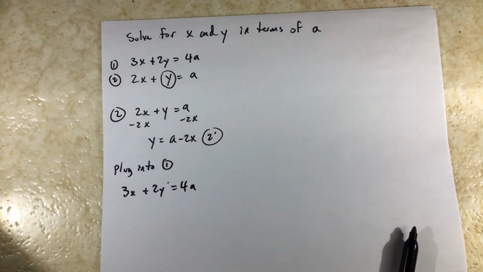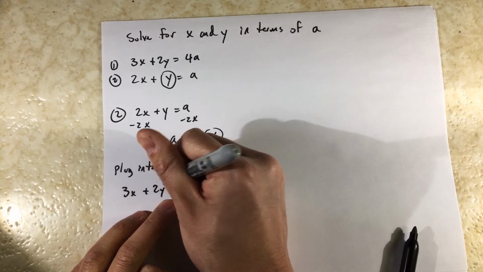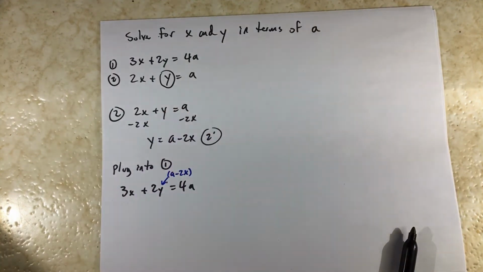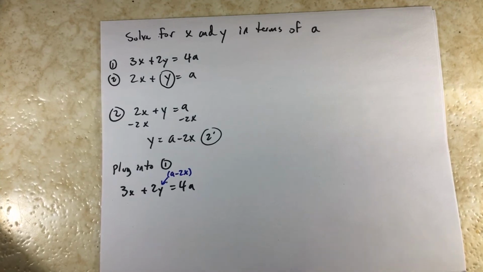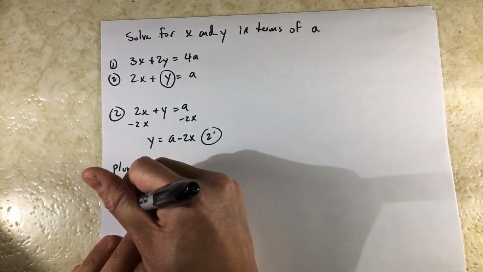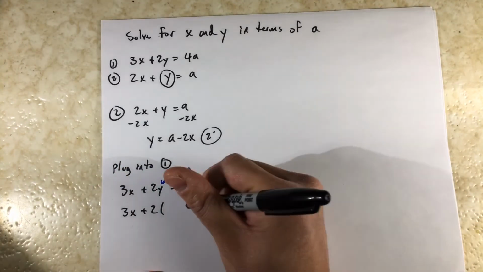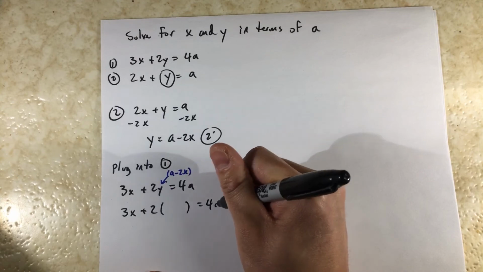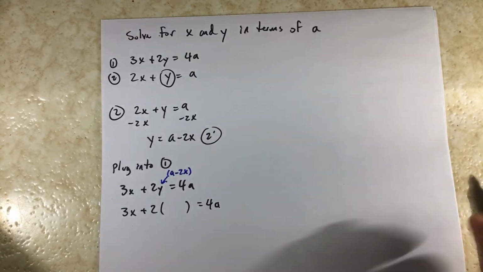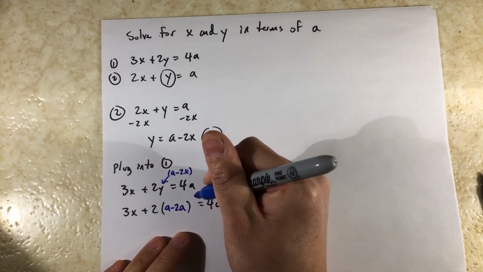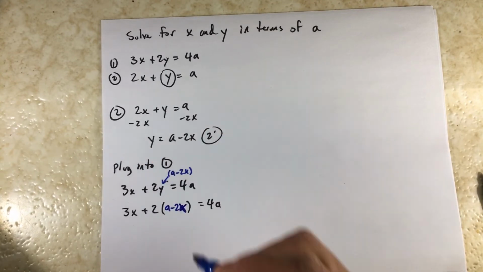And right here, for y, we're going to plug in the expression a minus 2x. That's because the value for y is equal to a minus 2x, so we should be able to replace it in there. So we get 3x plus 2 times, I almost messed up there, but I'm using blue for substitutions, a minus 2x. There we go.